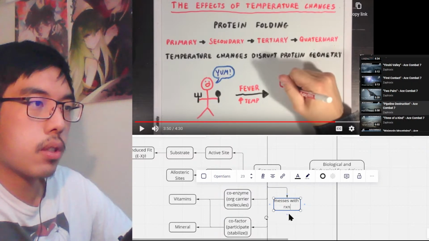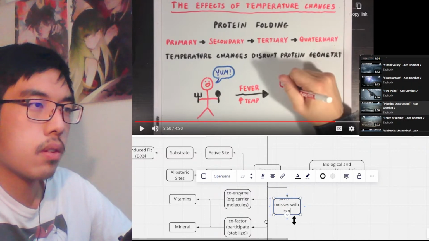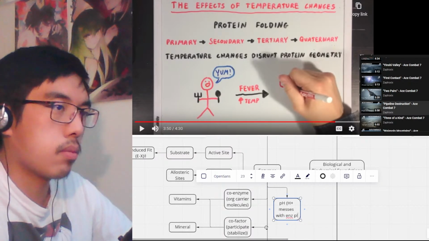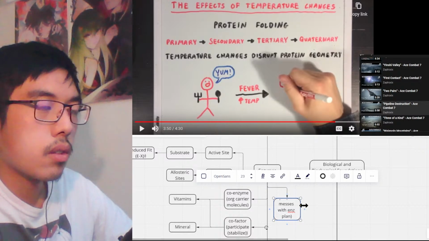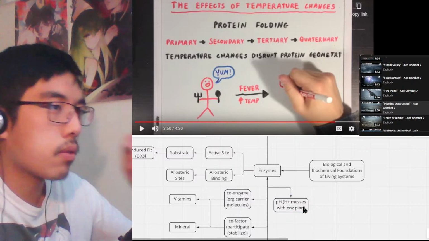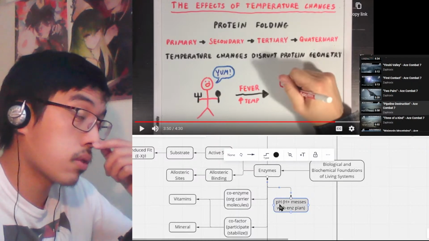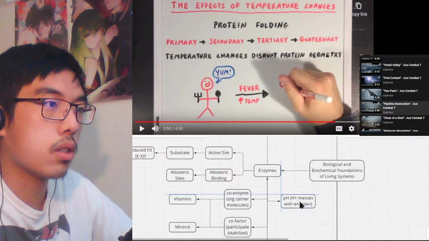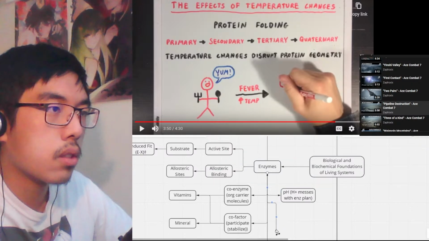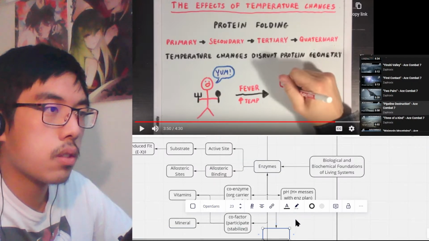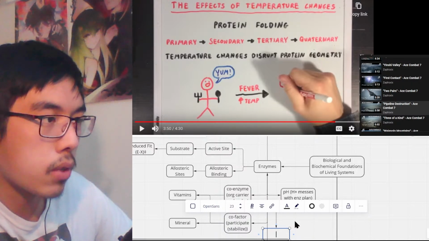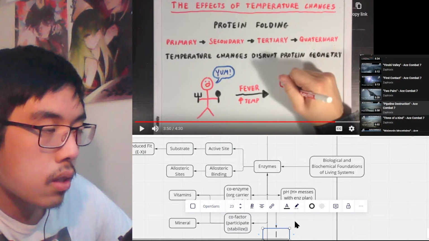Proton messes with enzyme... I don't know if that example fully encompasses exactly how that works. I'm just gonna say that the proton is going to mess with whatever is going on. If there is a charge that is involved that could be messed with by a proton being added, then it's gonna be really sad.